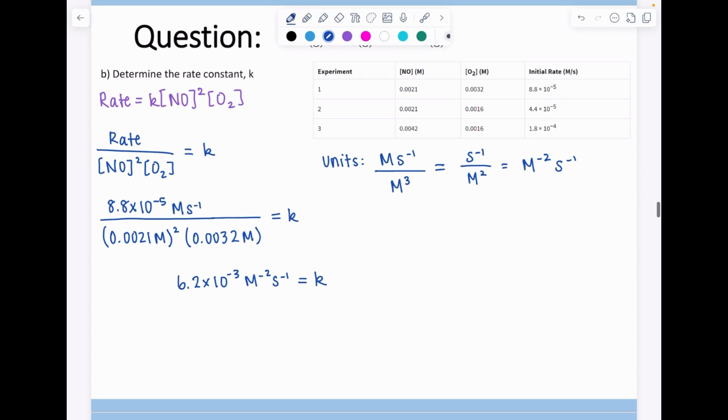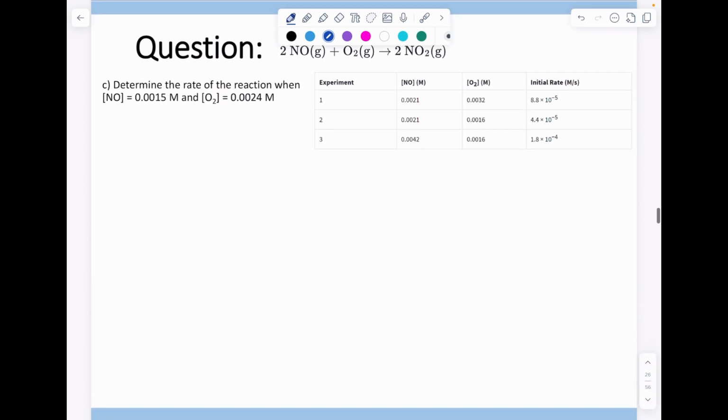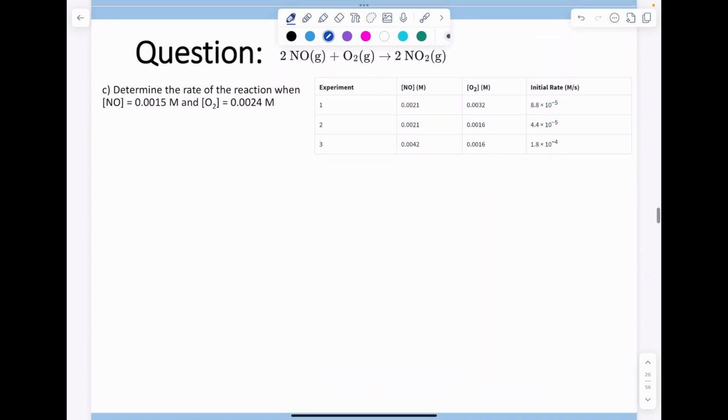Now let's go to this last part of the learning check, where we are determining the rate of the reaction given certain concentrations that are not already part of the experimental data. So we need the full rate law again. We've got K times NO squared times concentration of O2. We know K from the previous slide.